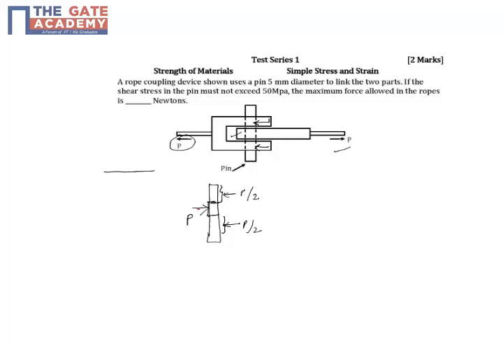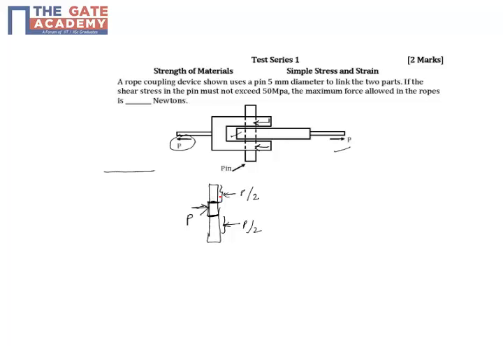So relative to the left hand, the right hand tries to apply a load P such that the shearing occurs at this plane.